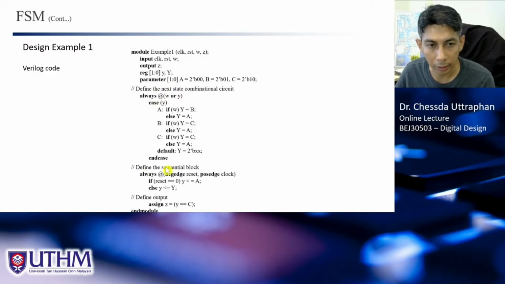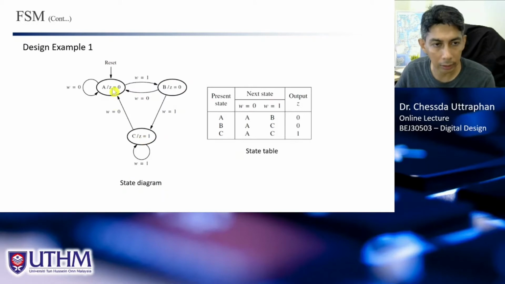This is the behavior where, for example, if we are in state A and W, the input, is equal to 1, the next state will be equal to B. But if W equals 0, the next state should be equal to A. So this directly reflects this state diagram.